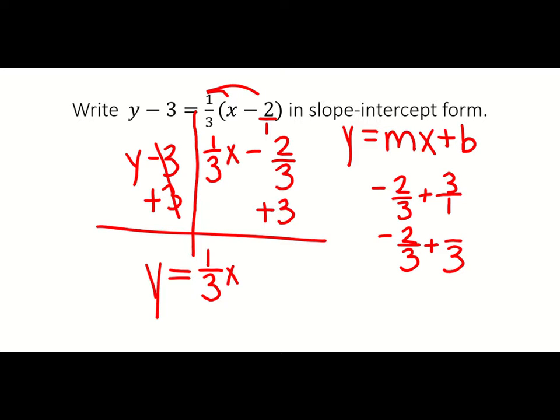So 1 times 3 gives me 3. 3 times 3 is 9. And if I add these together, that's going to give me a y-intercept at 7/3. So when I put this equation from point slope back into slope-intercept form, I can easily see the slope is 1/3 and the y-intercept is at 7/3.